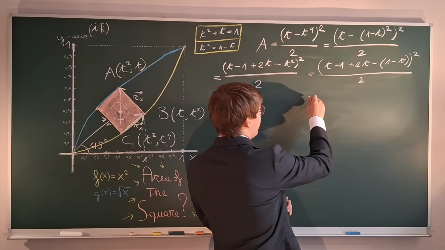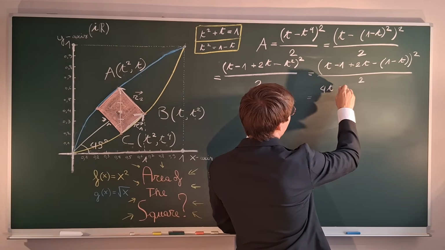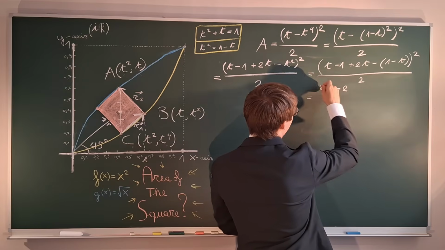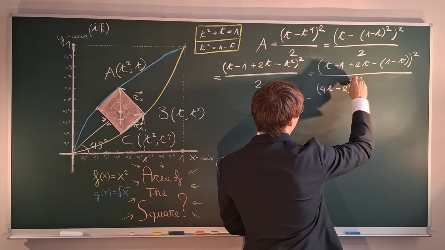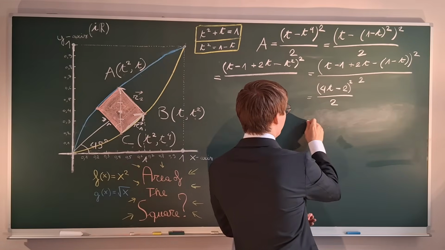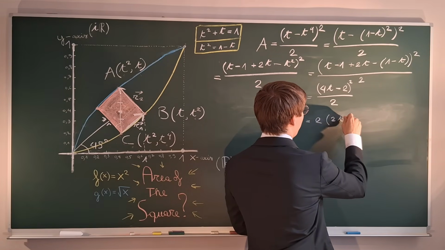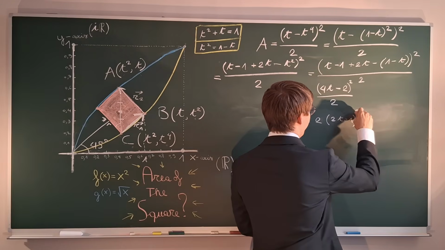So we get that this is equal to 4t minus 2 squared over 2. And this is equal to 2 times 2t minus 1 squared.